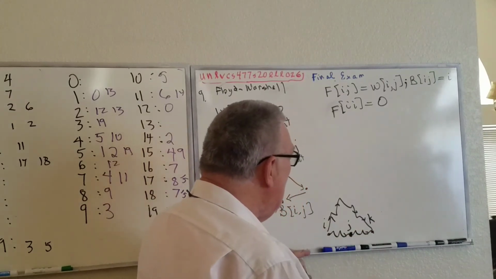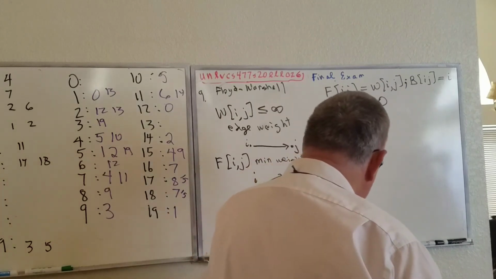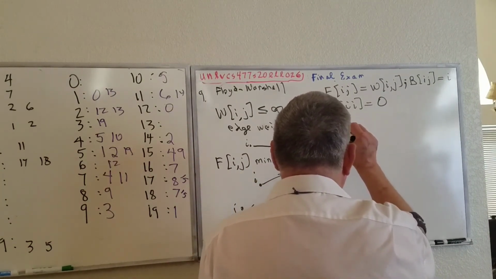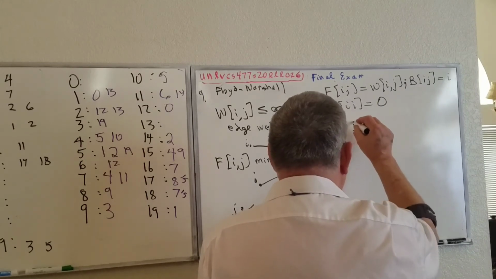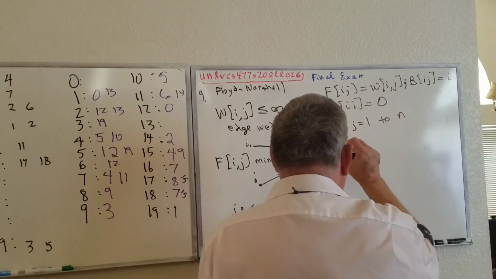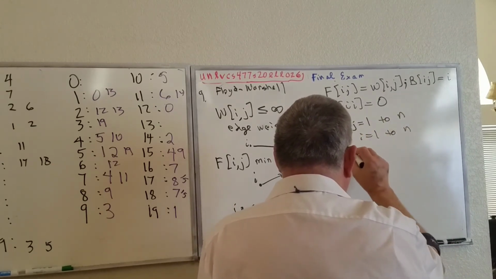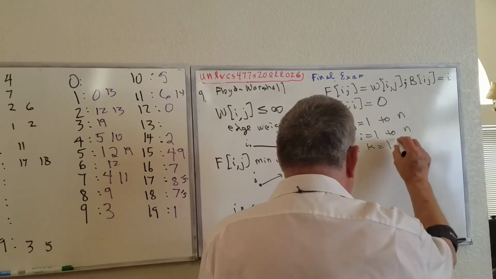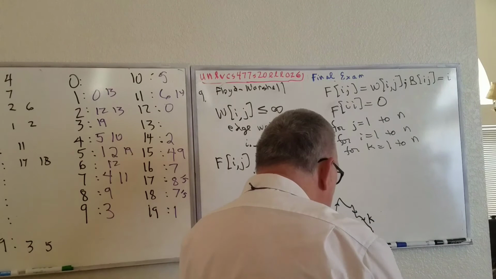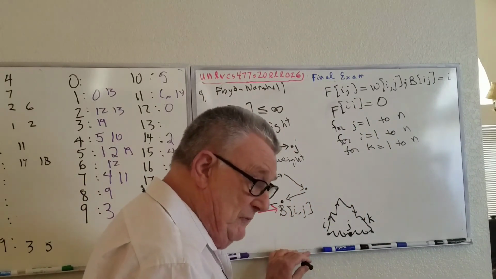We may or may not get a better path. And so what we're going to do here is first the iteration for j equals 1 to n, and then for i equals 1 to n, and for k equals 1 to n. Now, the one that's in the middle for relaxation must be the outer loop.